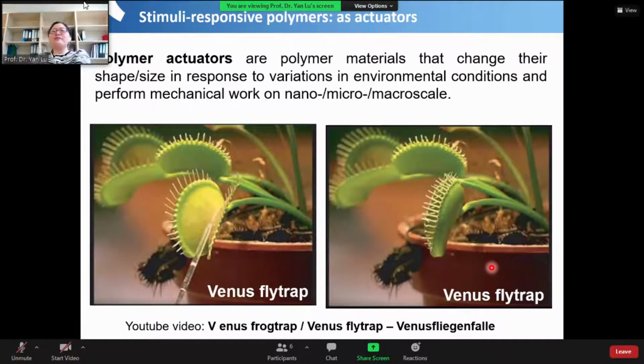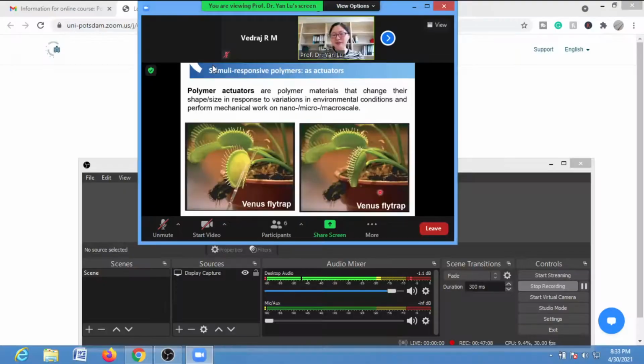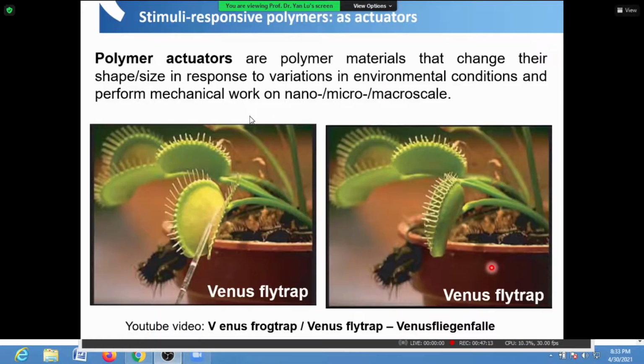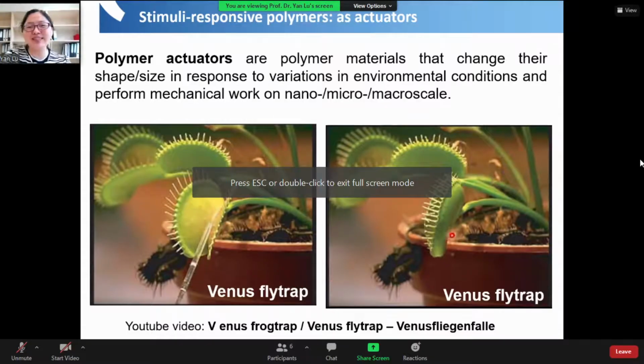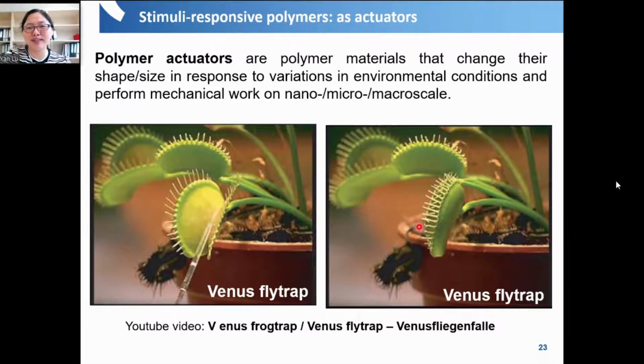Of course, you can generate a kind of polymer actuator based on such a concept. I hope you have seen this already, because you can even buy such a plant from the supermarket. Actually, I also bought one last year.